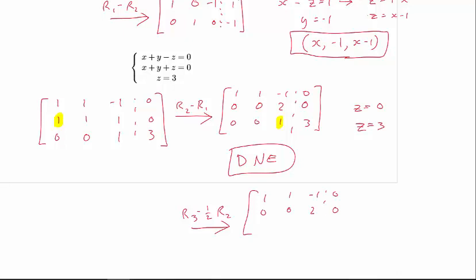And then you write 0, 0, and 1 minus half of 2 is going to be 0, and the third element still equals 3. We'll note that this third row indicates that 0 equals 3, right? It's inconsistent. So that's another way you know that there is no solution here.